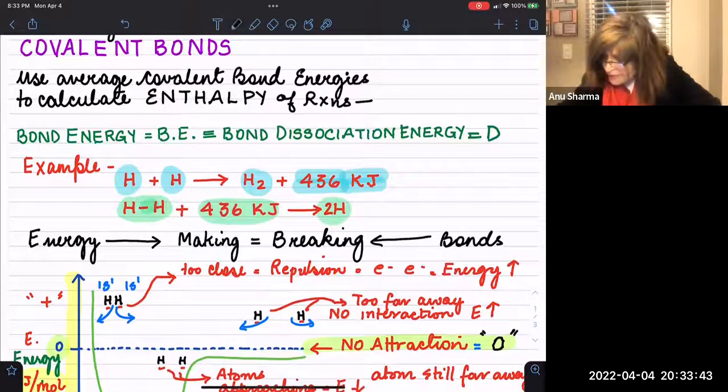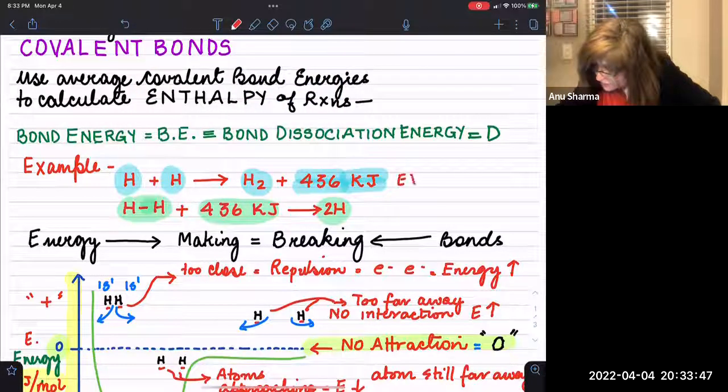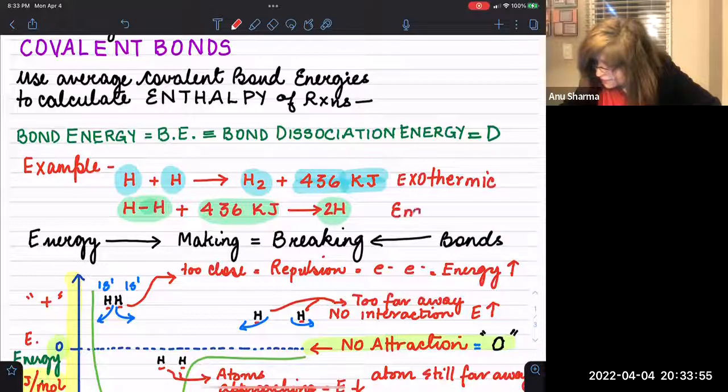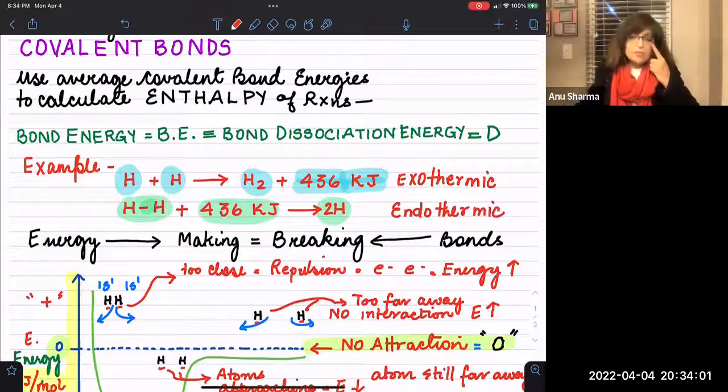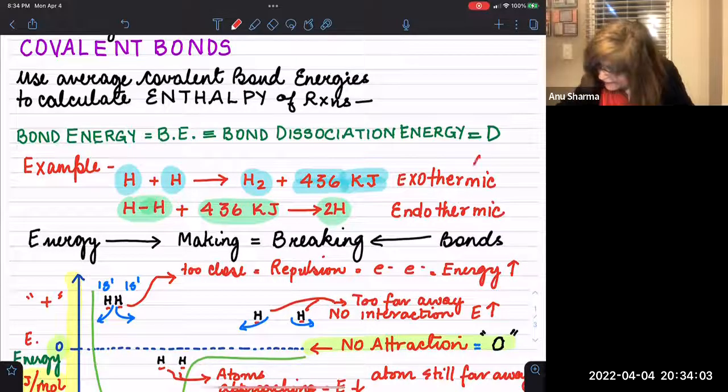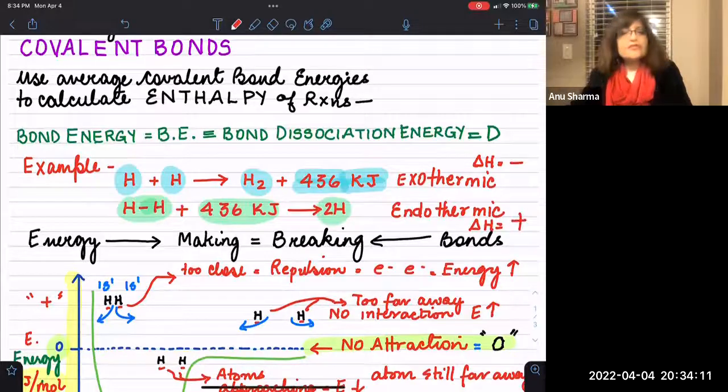So keep this in mind: bond making is exothermic and bond breaking is endothermic. The amount of energy is the same on both sides. The only difference is that delta H will be a negative number here, and a positive number there.